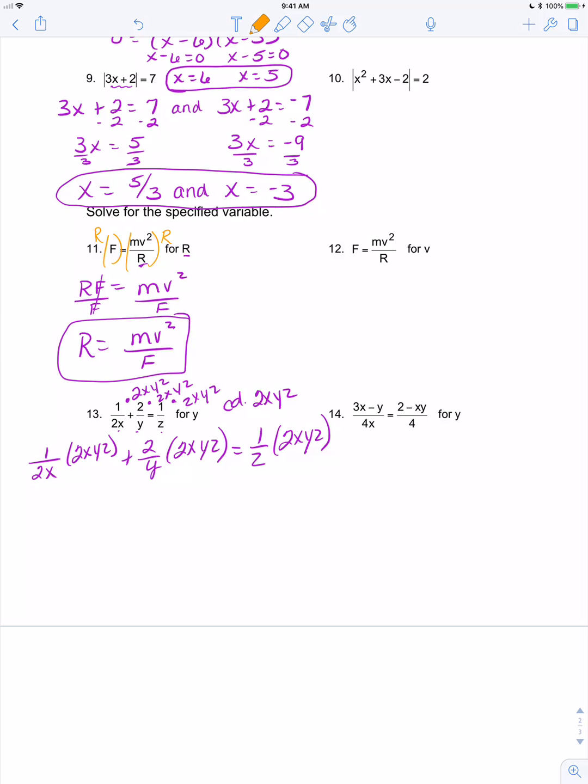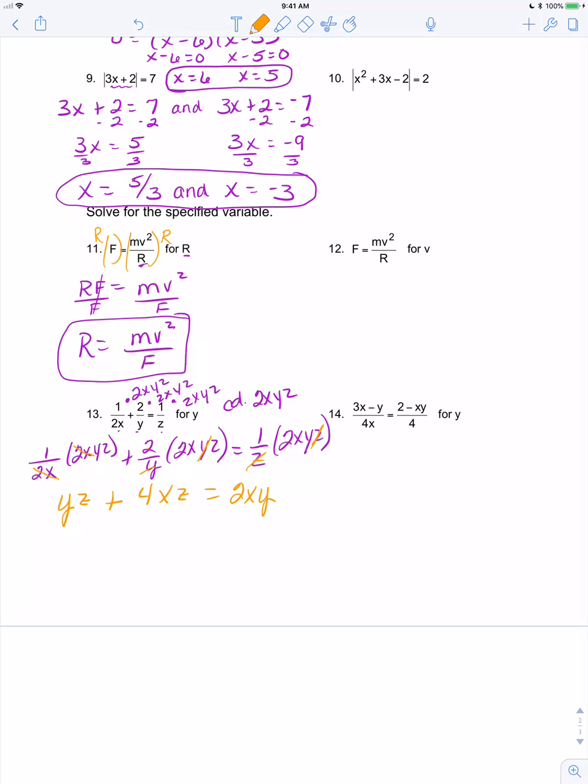So the 2x here over the 2x there, that creates a 1. So all we're left with is yz. Okay, now the y's here will cancel, so that gives us 2 times the 2xz. So 2 times 2 is 4xz. And then this is a z, so that z cancels with this z, leaving us with 1 times the 2xy.